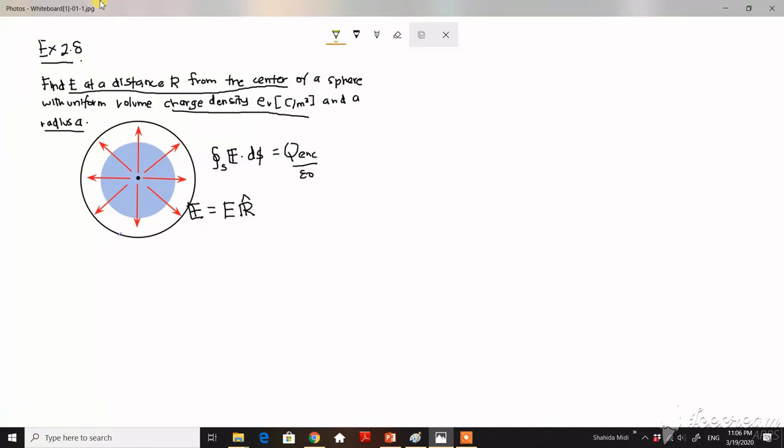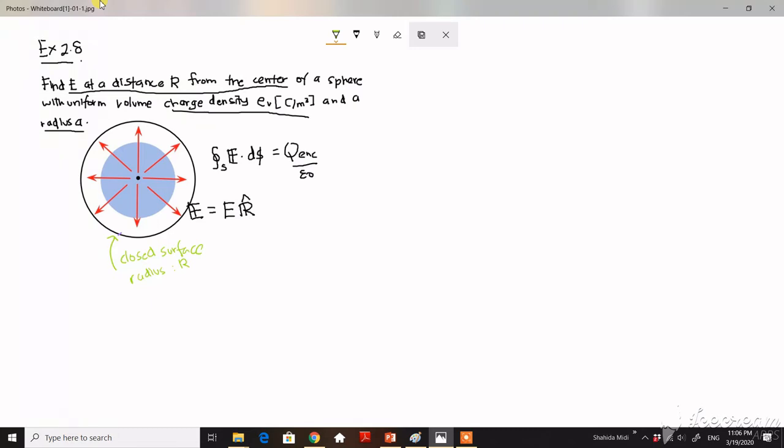The radius of this closed surface is based on our point of interest. Our point of interest is at a distance r from the center, so the radius of this closed surface is r. Apart from that, we also need the normal direction to this surface.